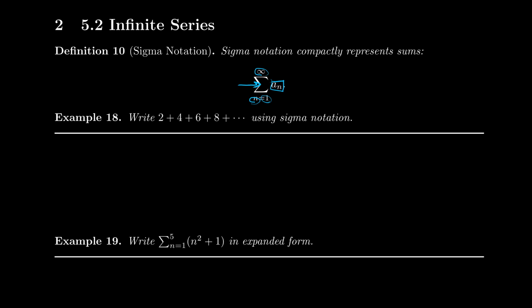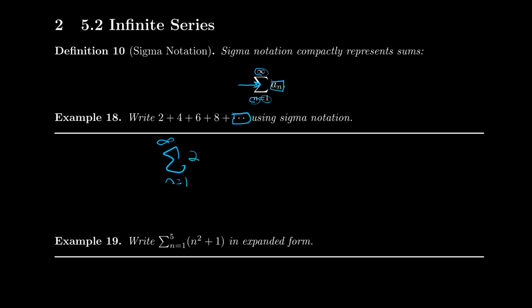So we could write the sum of all the even numbers like this. We're going to add together all of the even numbers, and you choose where to start. I usually start with 1. We're going to go forever. Of course, that's what the ... means. And then what does an even number look like? Well, it's a number that's divisible by 2, right? So that means it's 2 times some number.